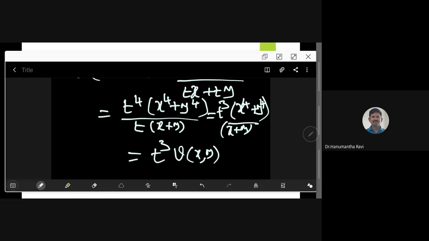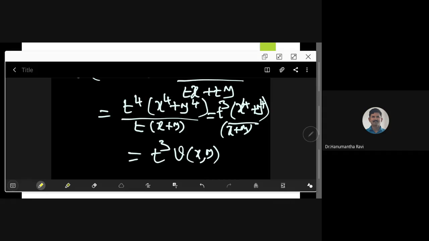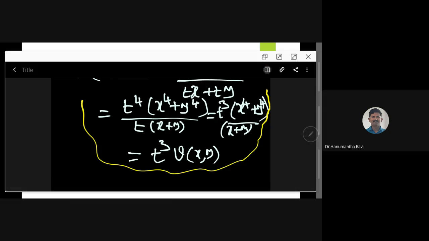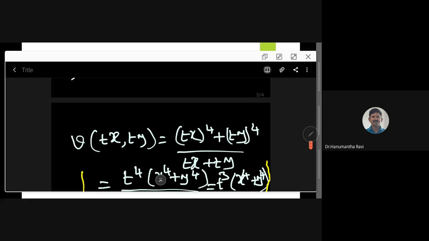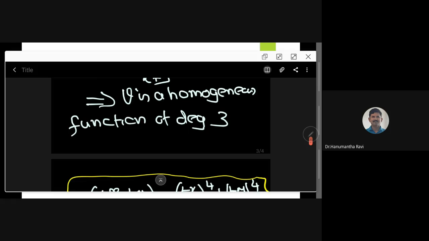This is the reason to claim that v is a homogeneous function of degree 3. That is the reason.